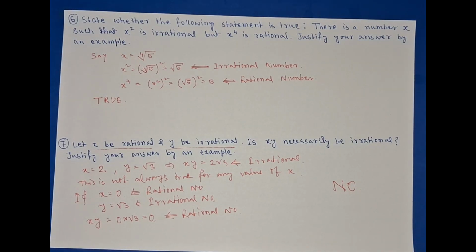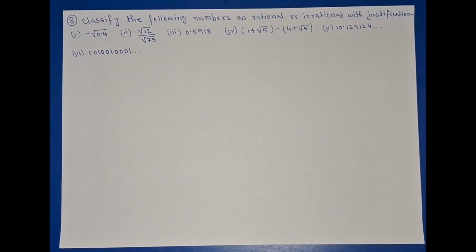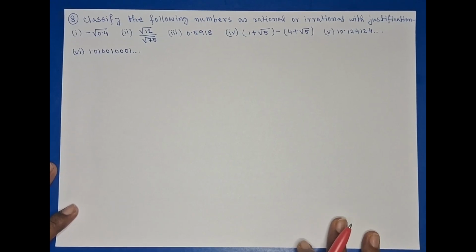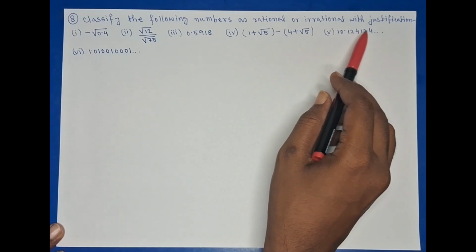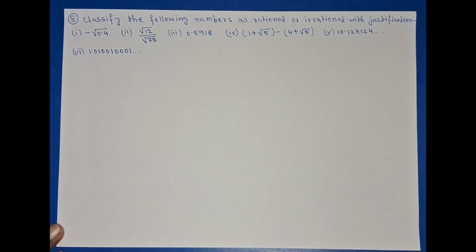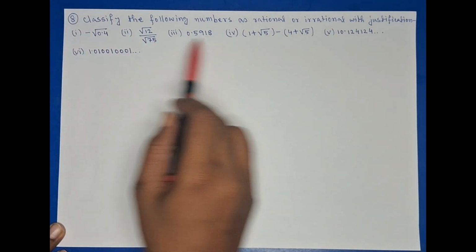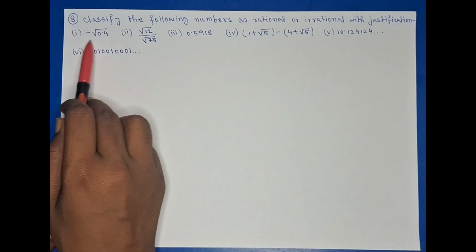Okay, so let us jump into question number 8. In question number 8, it is given to classify the following numbers as rational or irrational with justification. There are a total of 6 numbers given.